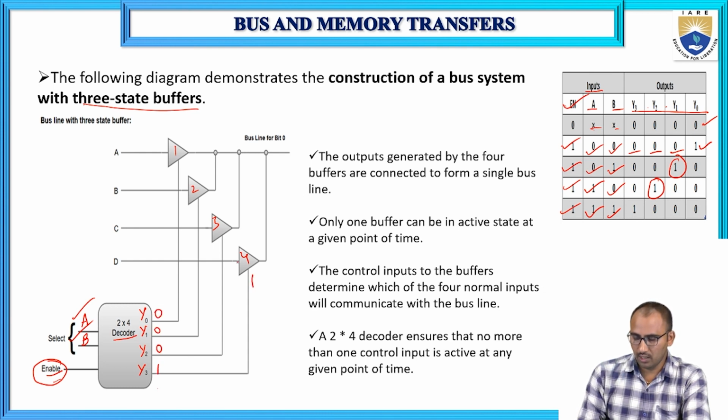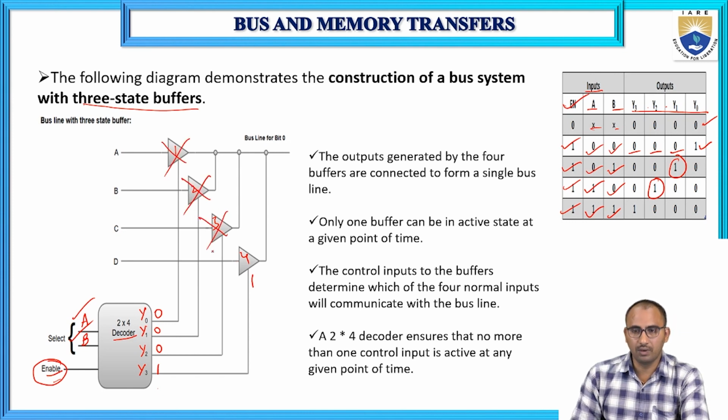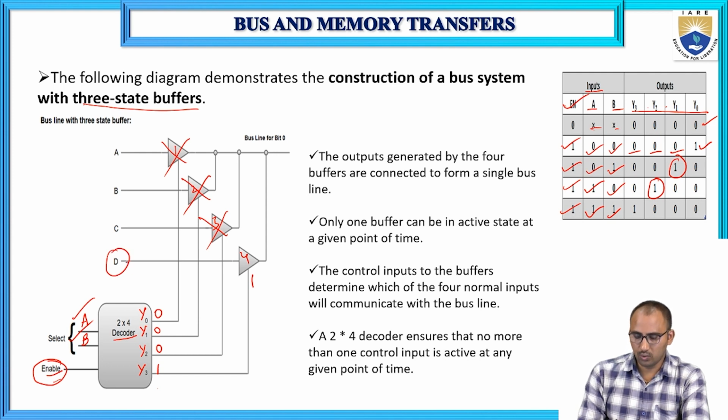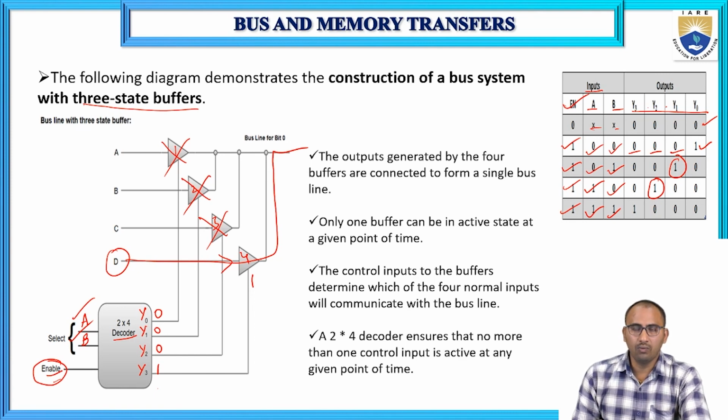That means the first, second and third tri-state buffers will be disabled and only the fourth tri-state buffer will be activated. So register D is selected to transfer the data to the output. In this way, only one register can be selected using the decoder.